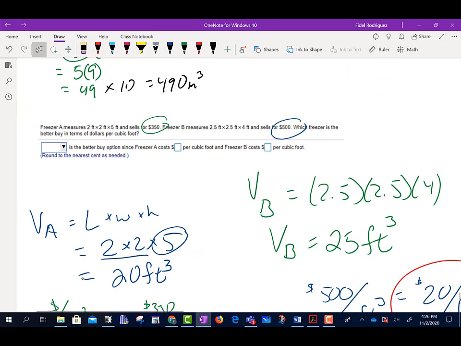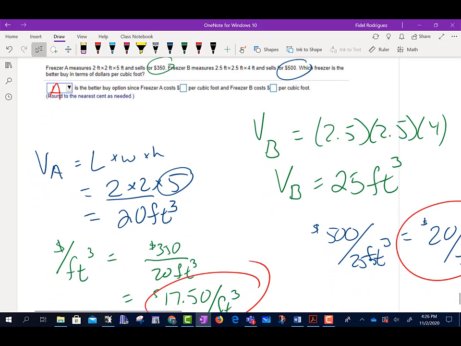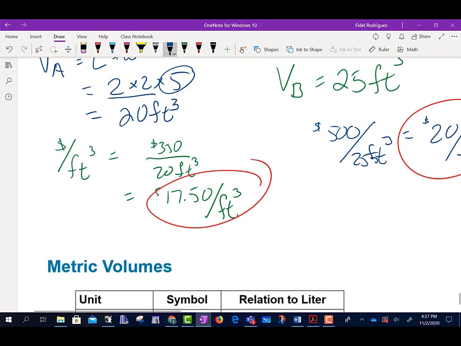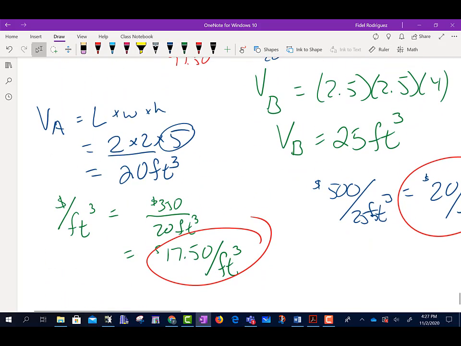So we're going to say freezer A is the better buy option because freezer A costs $17.50 per cubic foot, and freezer B costs $20 per cubic foot. Okay, and so that right there, y'all, is 13.5.